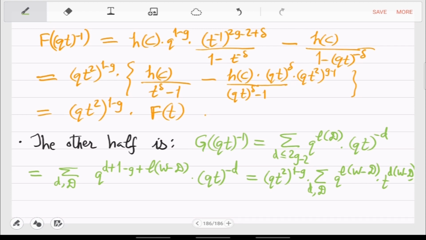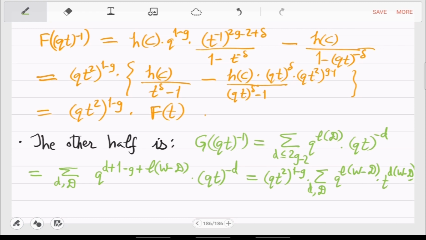And now what? Just change the index. Run over every negative. So let's recall what G was. G originally was Q raised to L of D times T raised to minus small d, minus degree.